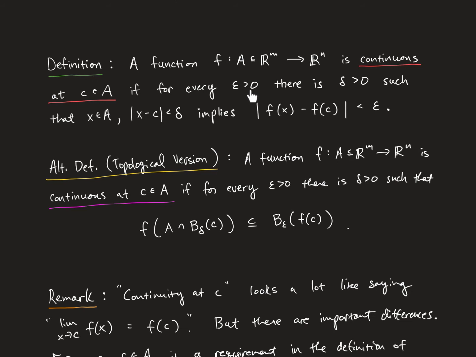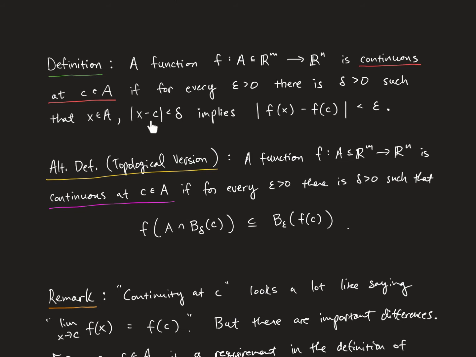You're given an epsilon, you have to respond with a delta, and one inequality implies the other. So the only thing to clarify, I guess, is in the limit situation, you have a greater than 0 inequality here implying this inequality there, but that turns out to make no difference in this case.